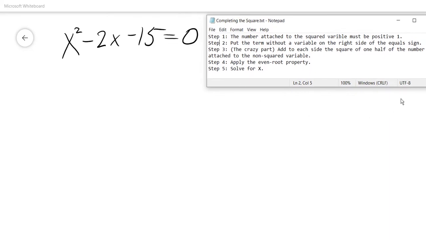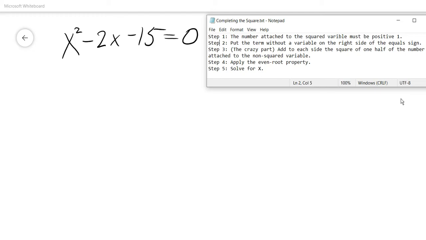Okay, step 1, the number attached to the squared variable must be a positive 1. When I use the word variable in these steps, I just mean the x, okay? Well, the squared variable here is x squared, and the number in front of it is a positive 1, so we don't have to worry about step 1. Step 2, put the term without a variable on the right side of the equal sign.